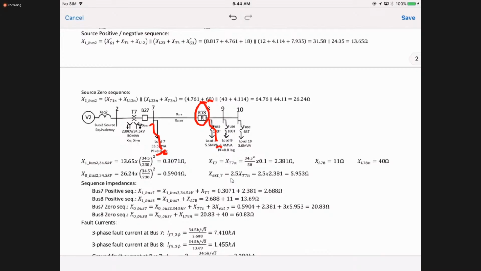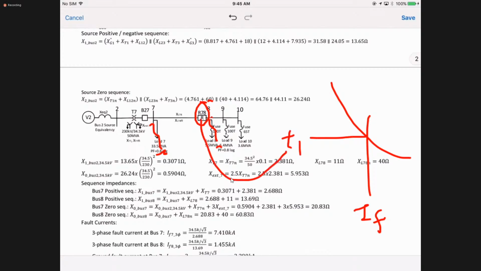So for example, if the fault is in here, it will open. This is the fault current. If we open at this time, say T1, and this T1 is for this breaker, it will open.